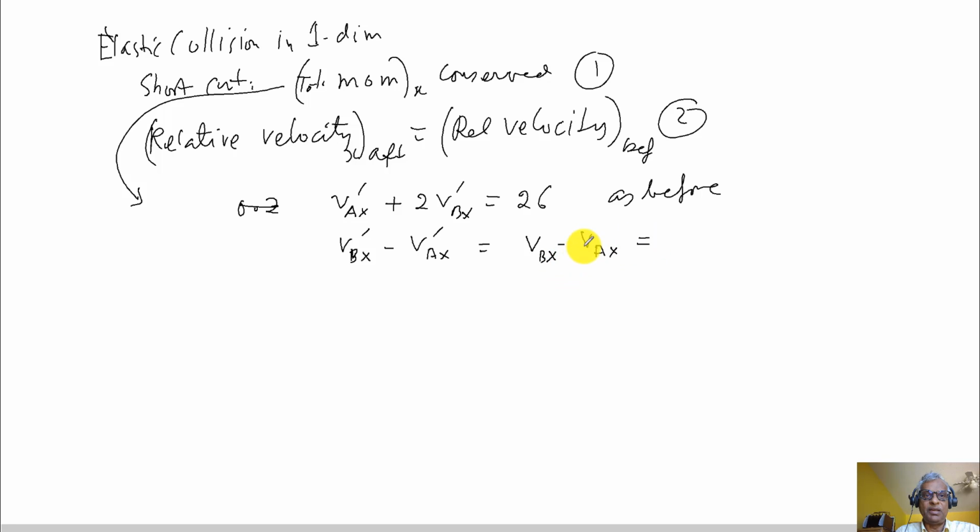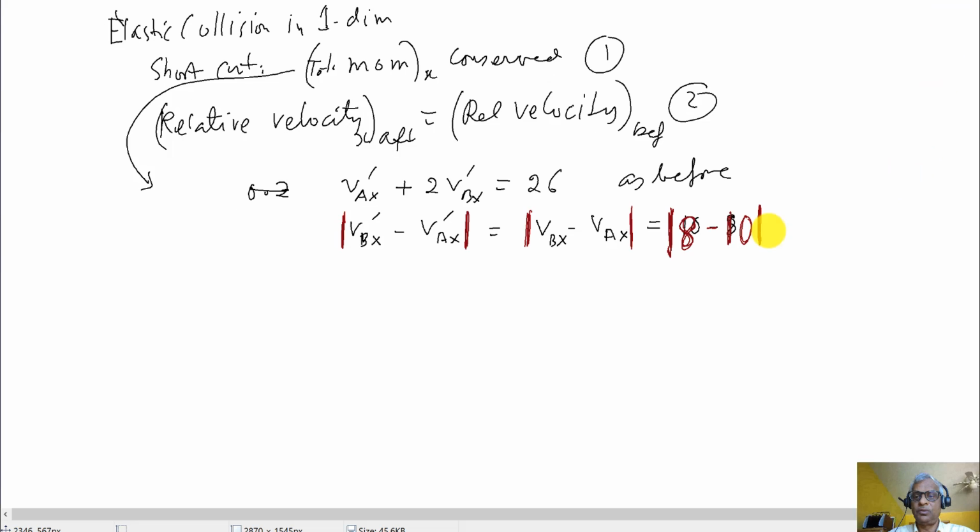In the problem I just forgot to put an absolute value sign here, because in absolute value they're equal. This is coming from the kinetic energy conservation equation.